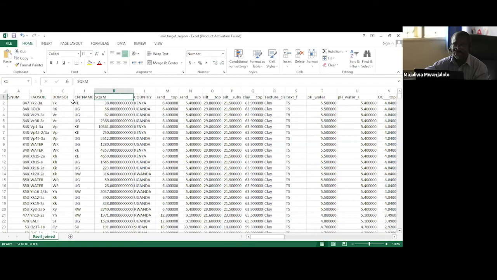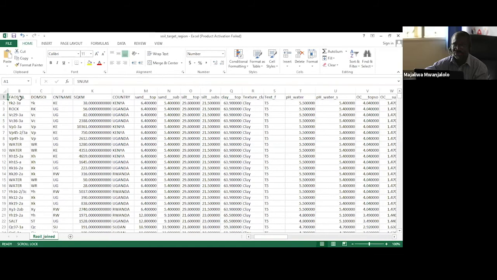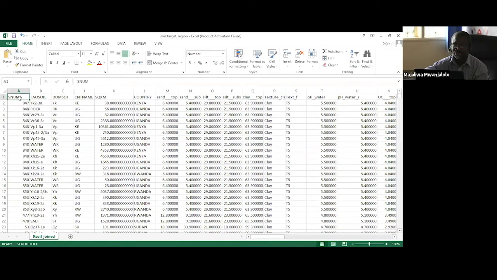So if you manage to open it, this is basically the sheet or the table on the soil map, the data which is going to be used for soil productivity estimation.